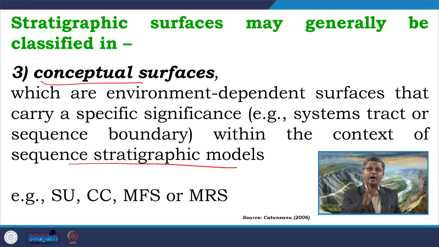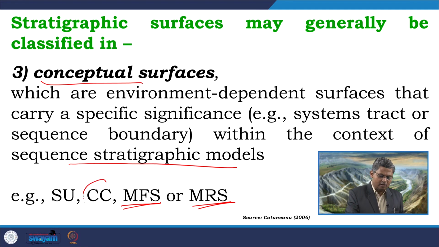So, we are trying to identify them in terms of the systems tract or the overall sequence, and accordingly we define that particular contact. These conceptual surfaces, for example maximum flooding surface, maximum regressive surface, BSFR (basal surface of forced regression), subaerial unconformity, correlative conformity, are conceptual surfaces; they are not actually occurring.